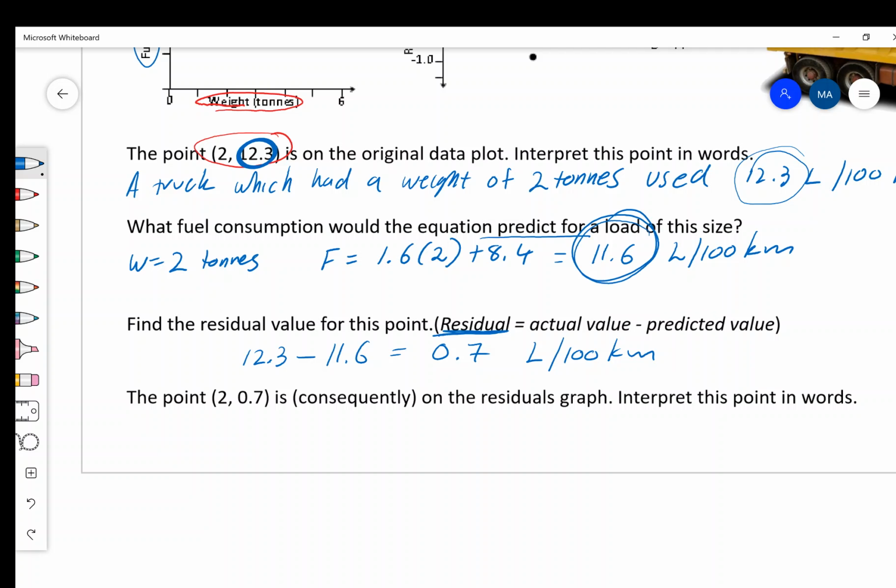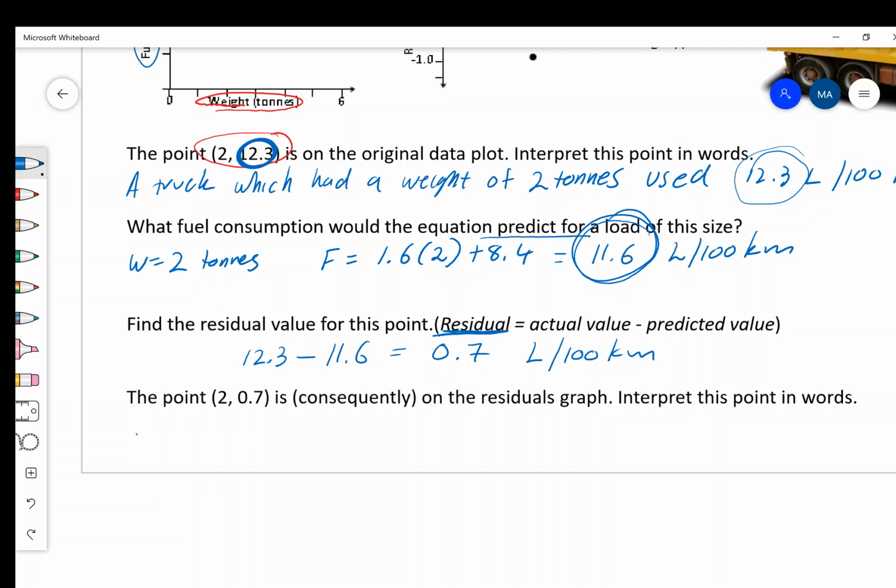That's basically what this is: the equation is predicting 0.7 litres of fuel less than what actually happened. I'm going to describe it slightly differently and talk about how more was used. So in real life, more was used than what was predicted.